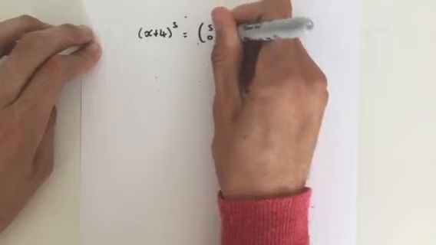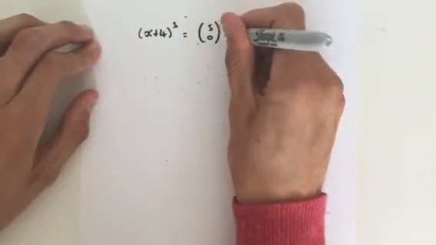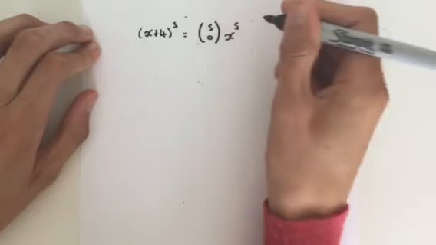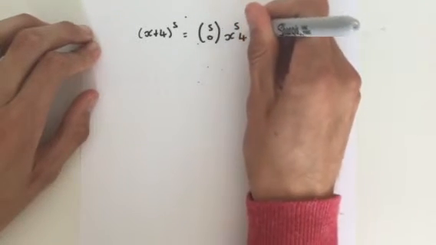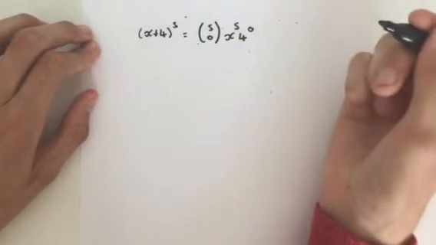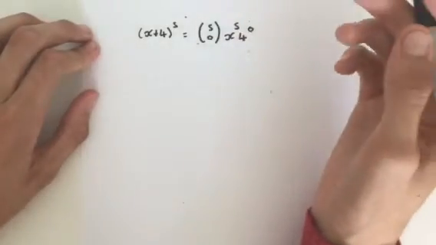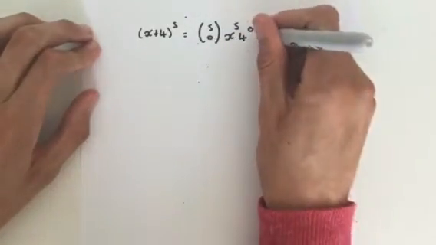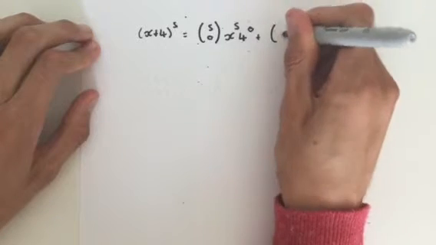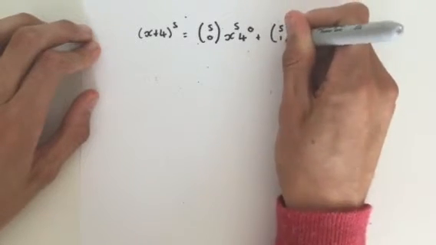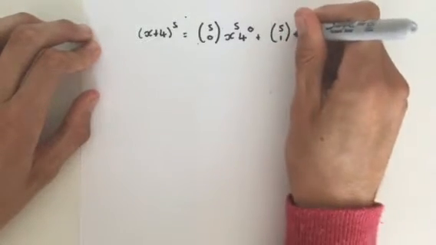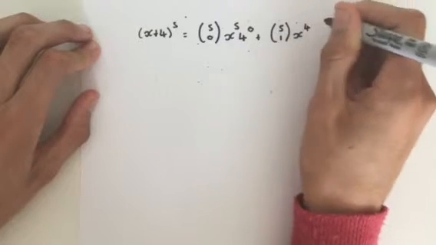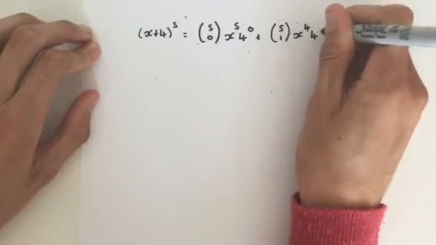We're just using the formula. Remember, it's a sum, so you can write it in this form: x to the power of 5 times 4 to the 0. If you've forgotten the formula, just go back and I'll show you. Plus 5 choose 1 times x to the 4 multiplied by 4 to the 1.